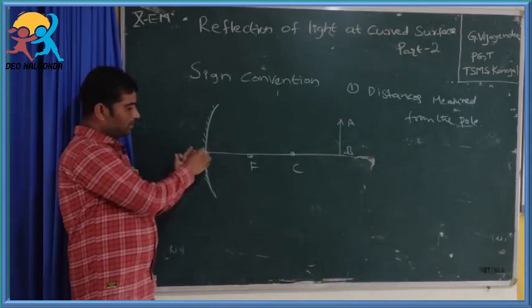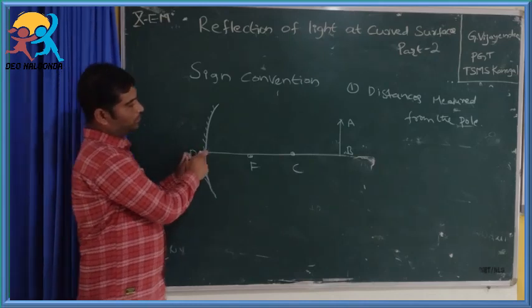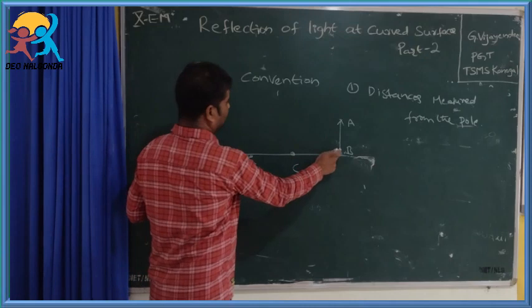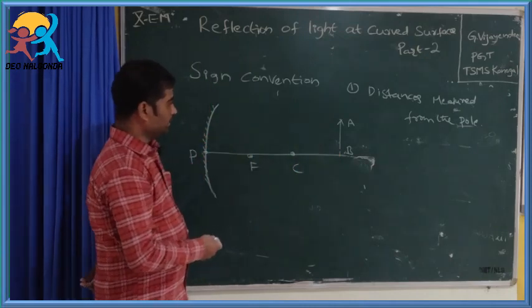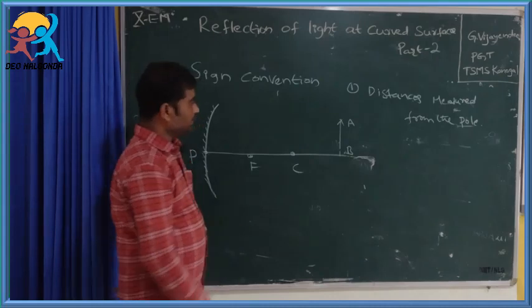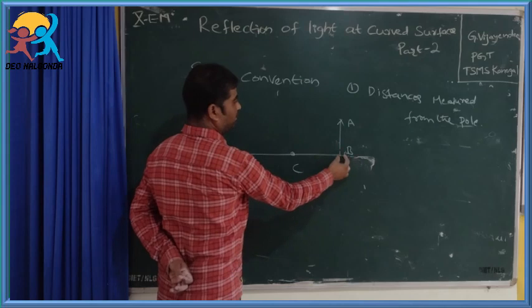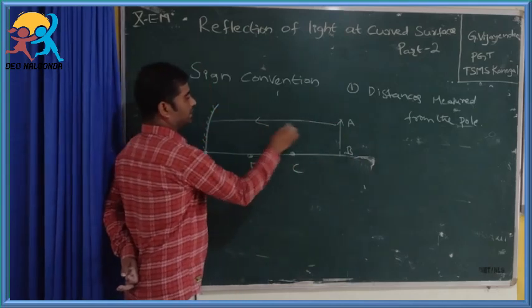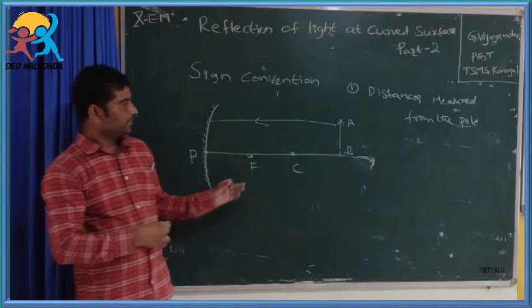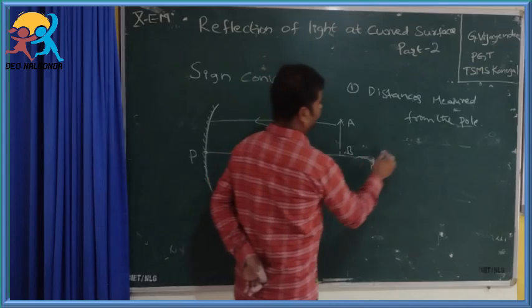We must measure the distances, object distance or image distance, from the pole only. From the pole to the object is called the object distance. AB is the object, the light ray is like this, the direction of the light. Distances measured along the light direction are taken as positive.